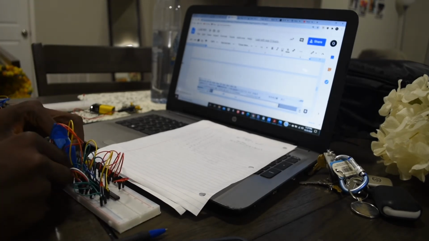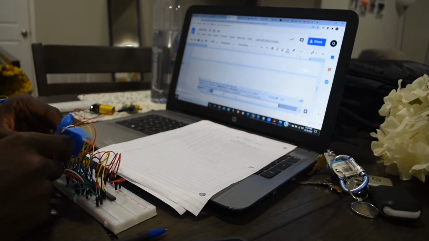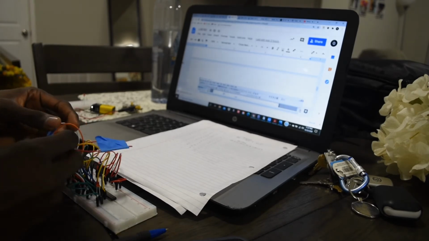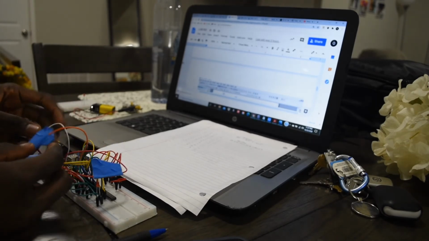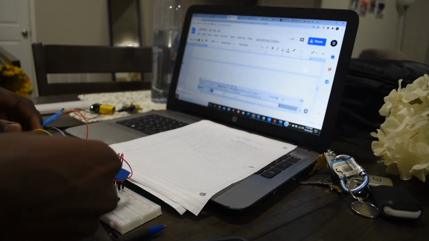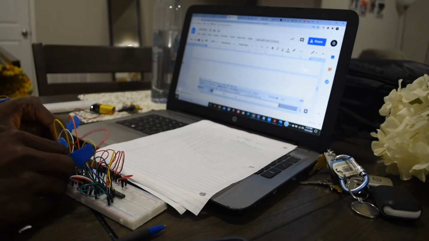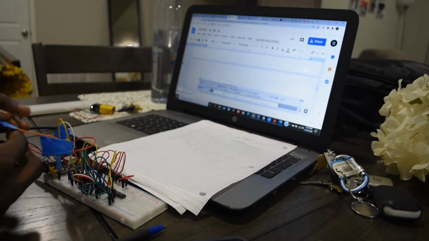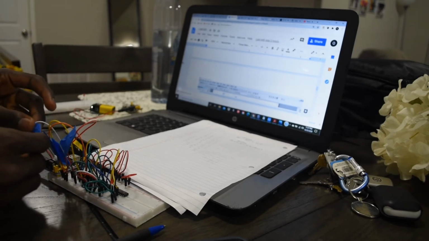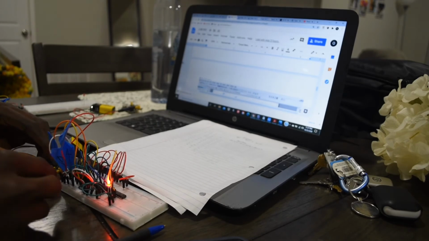Okay, so I'm going to try for 0 1 1 0. The output should be on, so 0 1 1 0. The light should be on. Yeah.